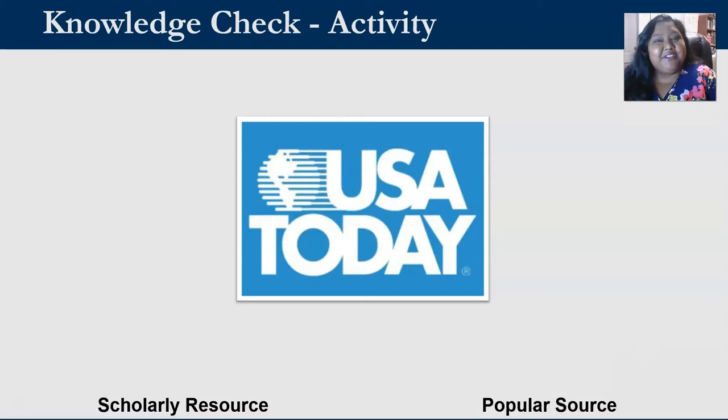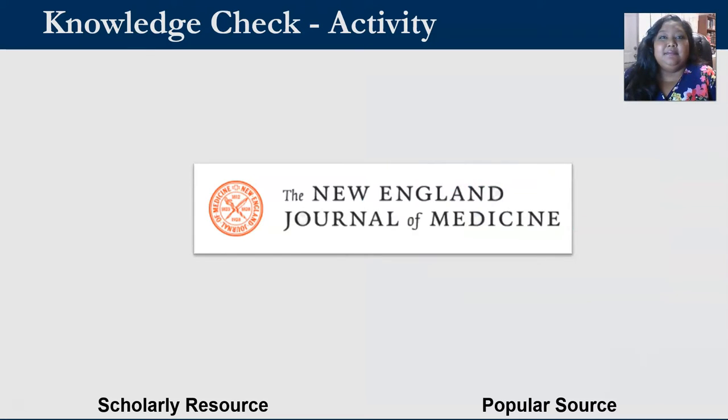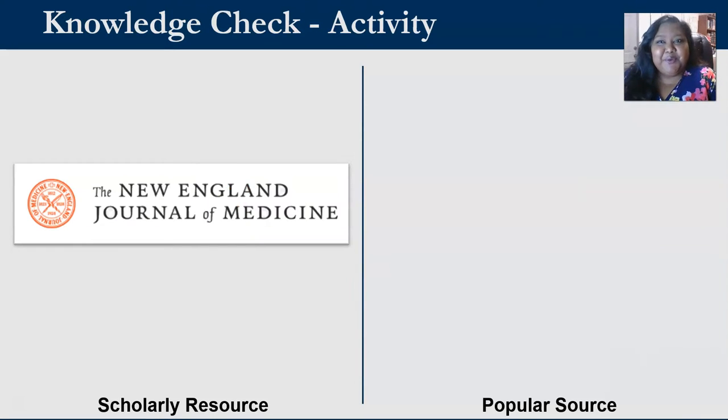Now that we've covered the difference between scholarly and popular resources, let's see if you can identify whether these sources are scholarly or popular. Let's start with USA Today. USA Today is a newspaper and therefore would be considered a popular source. Next, we have the New England Journal of Medicine. Is it scholarly or popular? Those of you who thought scholarly resource would be correct.